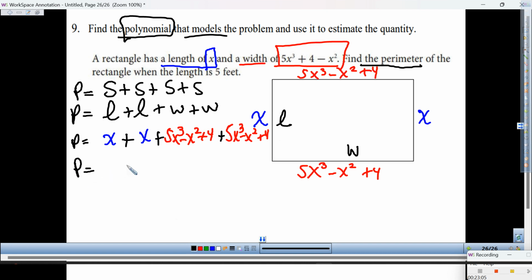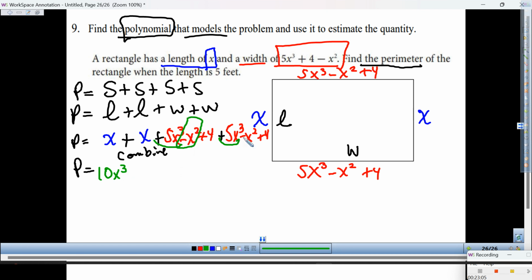Since we're adding, that means we need to combine like terms. Make a little note here. Combine. So let's start with the highest degree. 5x cubed. Is there another x cubed? Yes, so that is the total of 10x cubed. Next, x squared.